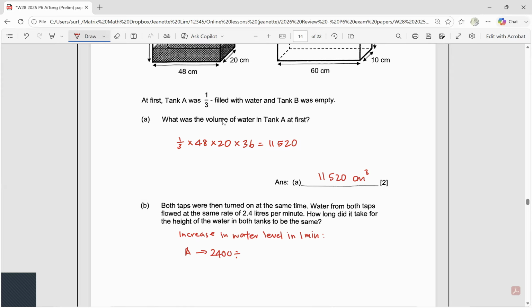A divide by the base, so divide by 48, divide by 20. So every minute, the increase in water level is 2.5 cm. For B, so same volume, but divide by the base, so 60 and 10, which is 4.